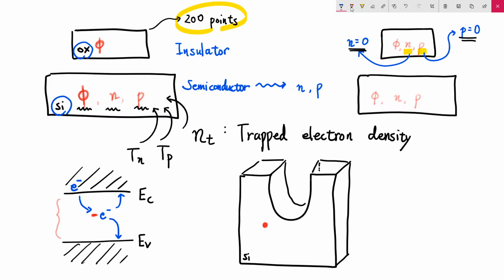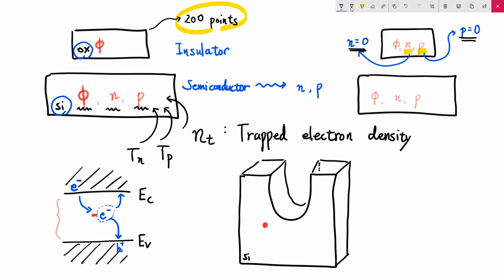Then a previously located hole has now disappeared. So if this hole disappears by movement of this trapped electron, then we say that the electron hole pair suffers from the recombination process.